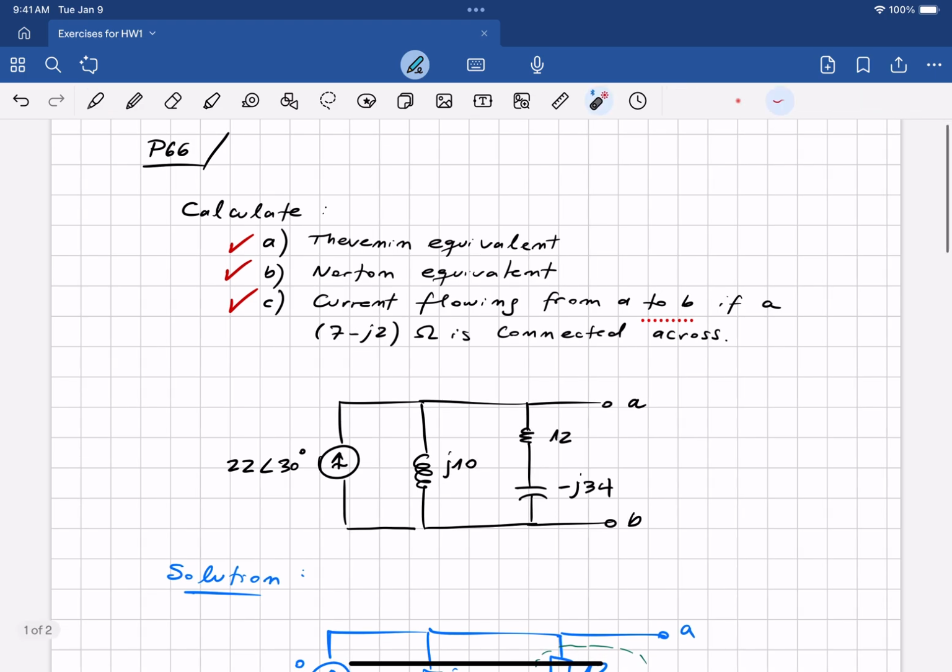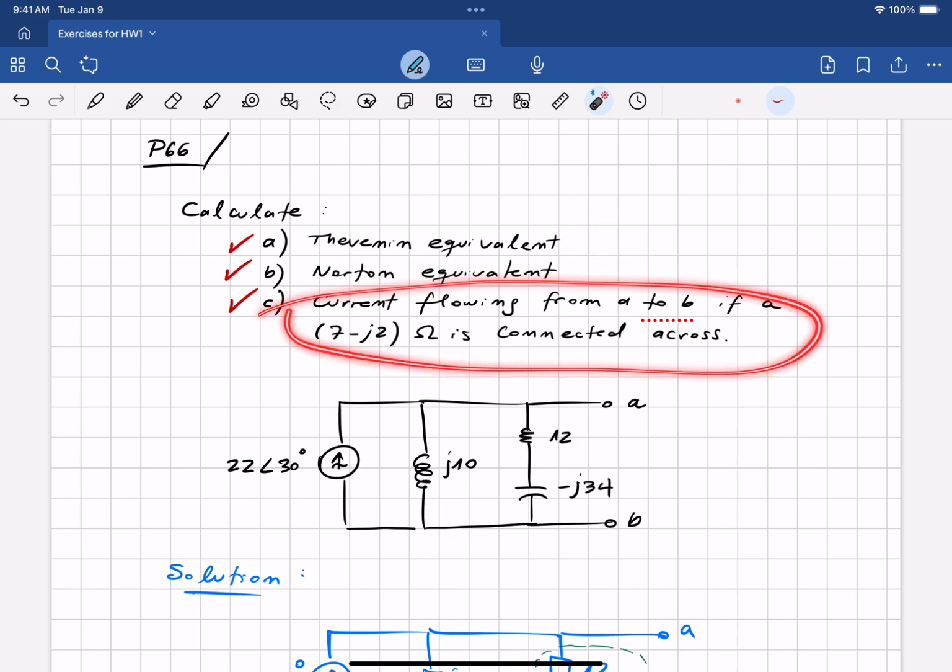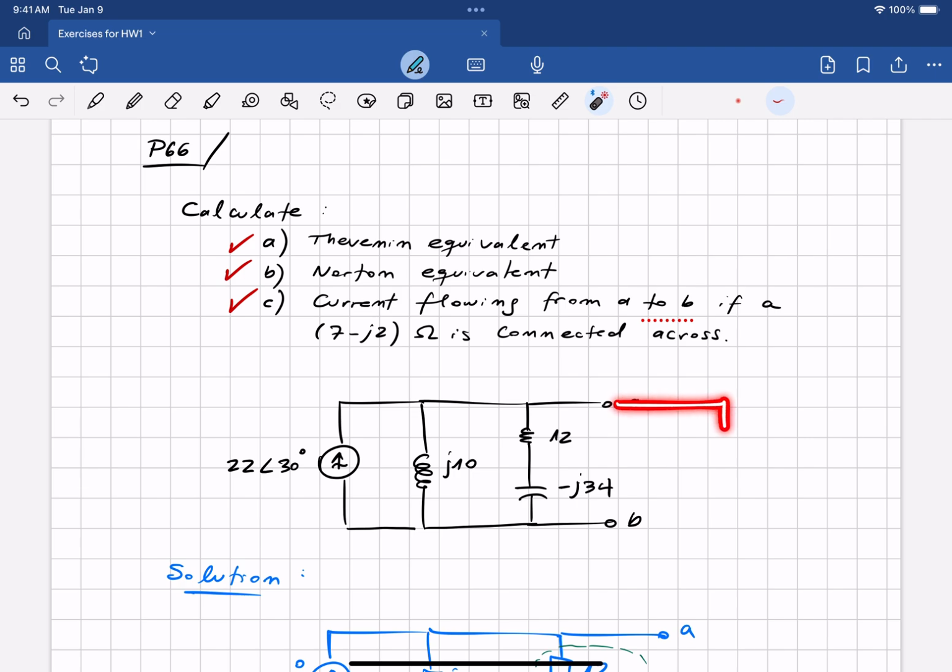Of course, given the flow of the problem, we calculated the equivalents and then we used them to answer this question. But most definitely, you could have just calculated this current if you wanted to. Go directly here, do some equivalence, series parallel, transformation of sources, and calculate this current. That's no problem.